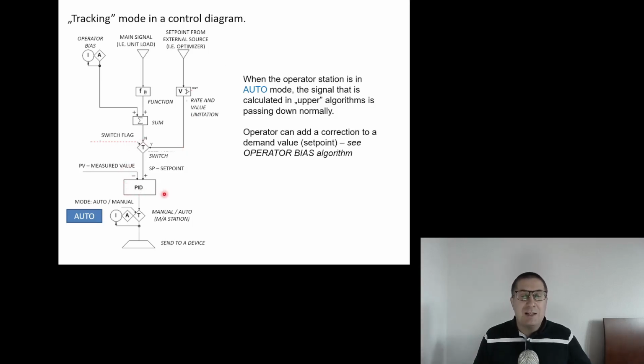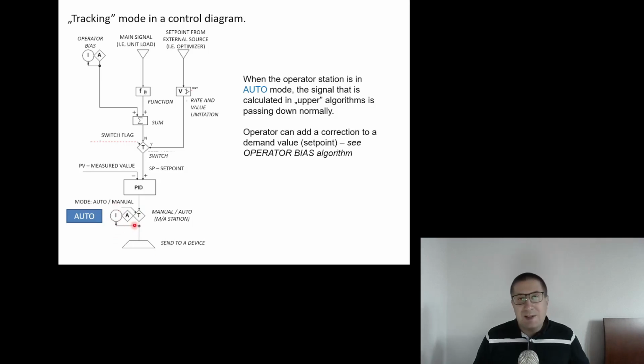You'll have the PID controller. It will usually have two inputs. One would be the set point, and one would be the process value, the output of this parameter that should be on the set point, right? Then we will have the control signal and the symbol that represents the device.